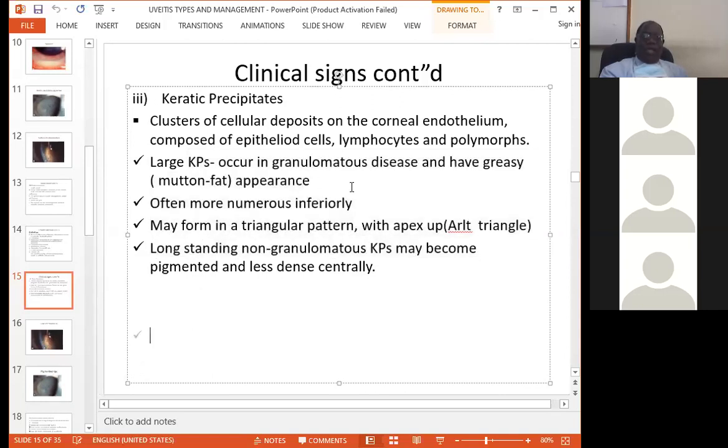KPs occur in granulomatous disease and have a greasy appearance, often more numerous inferiorly, and may form a triangular pattern with the apex up. Long-standing non-granulomatous KPs may become pigmented and less dense centrally.